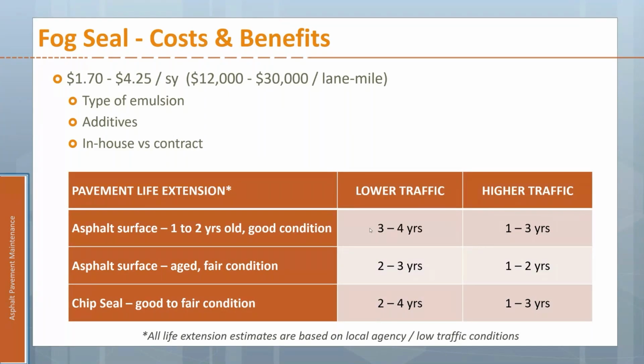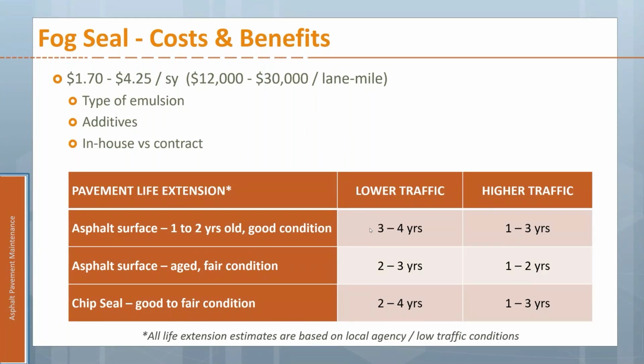But after just a little bit, you see that happening, you go ahead and apply this fog seal pretty early while it's still in good condition. If you have a low traffic roadway, that's probably going to buy you an additional 3 to 4 years in the overall life of the pavement.